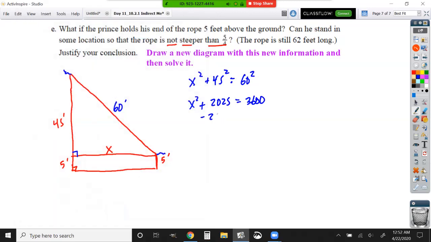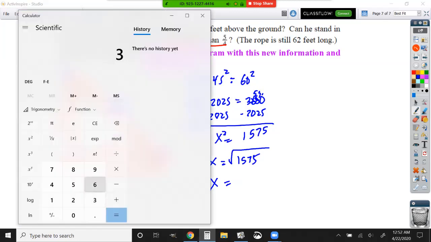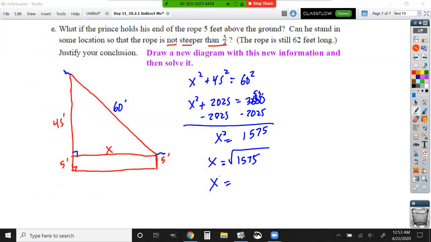So when I subtract the 2025, x squared is going to be equal to 1,575. So x is the square root of that number. So x, I'm going to double check that too, 3,600 minus 2025, yep, square rooted is 39.69 feet.